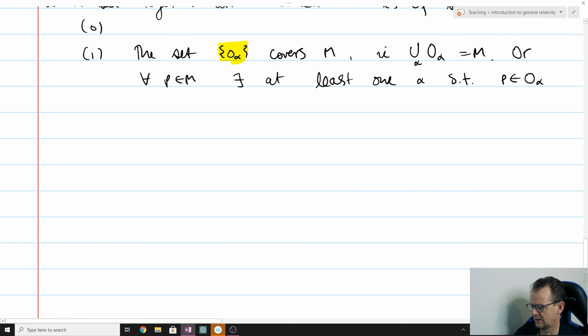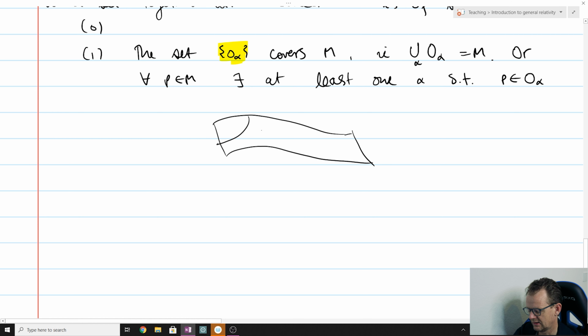Although I'm urging you not to think of manifolds as embedded in some bigger space, of course, when I draw pictures, that's exactly what I'm going to do. You just have to try and forget that there's this implied embedding space in all my pictures. This is the picture I have mentally when I'm talking about this first condition.